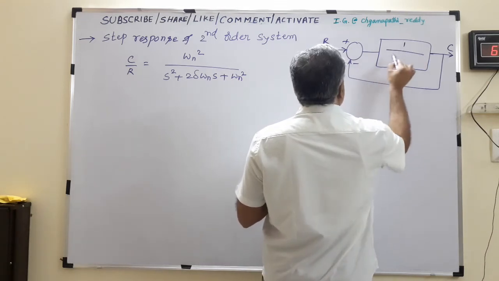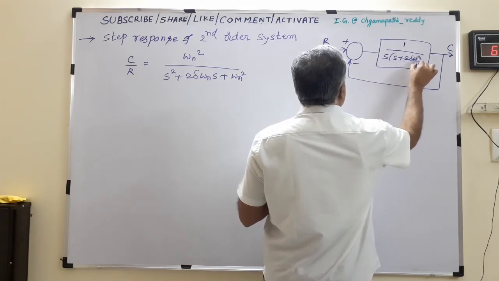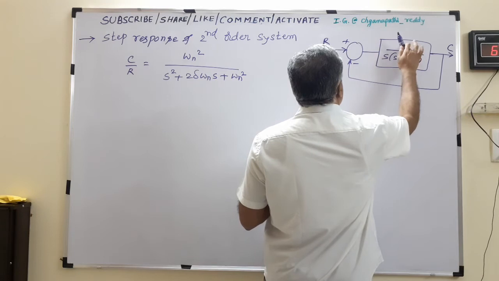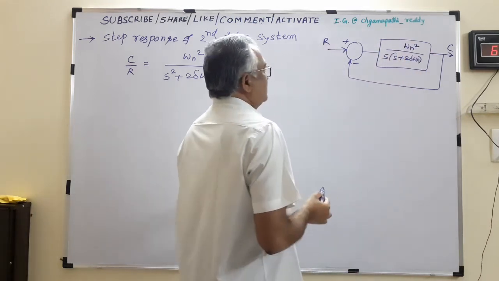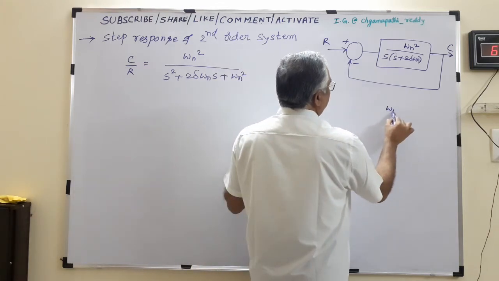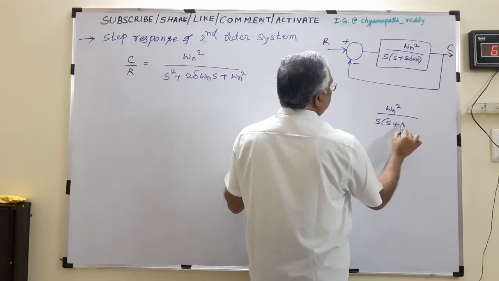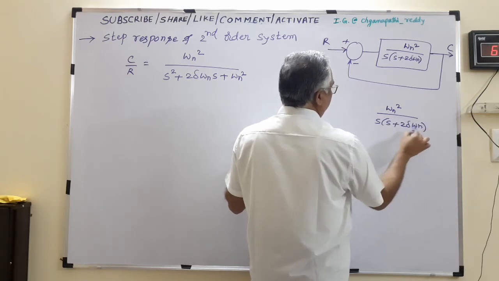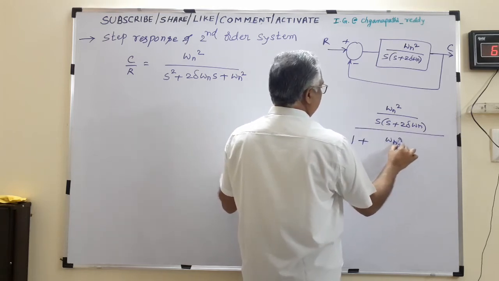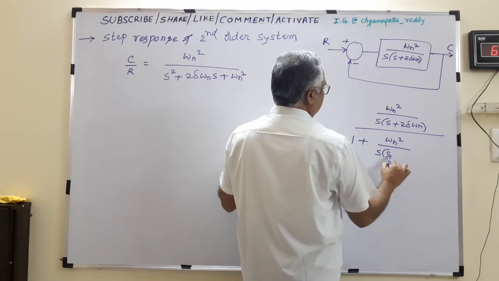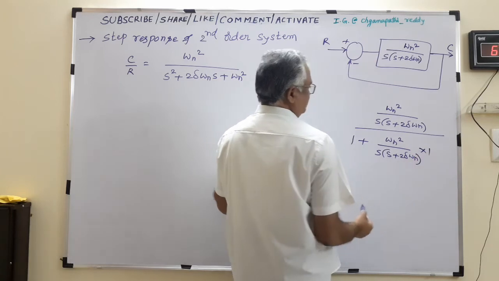So G of s is 1 by s plus 2 delta omega n. Simplify: omega n square by s into s plus 2 delta omega n, G of s by 1 plus omega n square by s into s plus 2 delta omega n into 1.